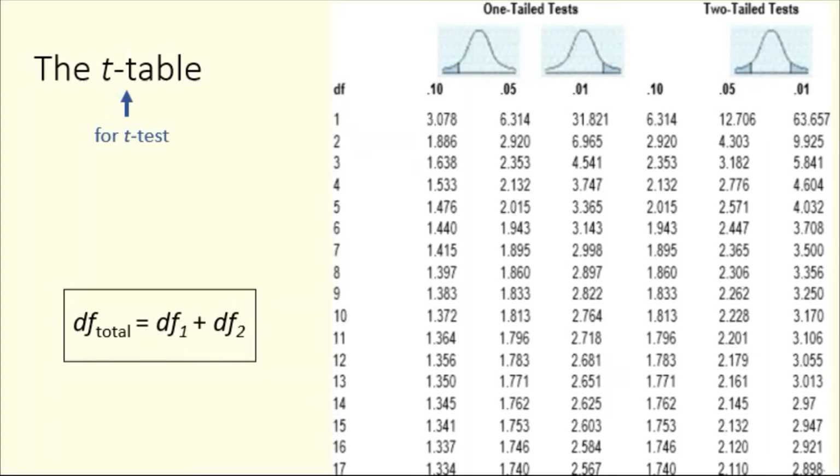And our DF total here is going to be 16, and we're going to use that 0.05 level of significance. So I'm going to take our 16, move over here to the one-tailed test 0.05. We're going to see we have 1.746 or 1.75. And again, we're looking for a reduction in the smoking level. So that's going to be negative 1.75.